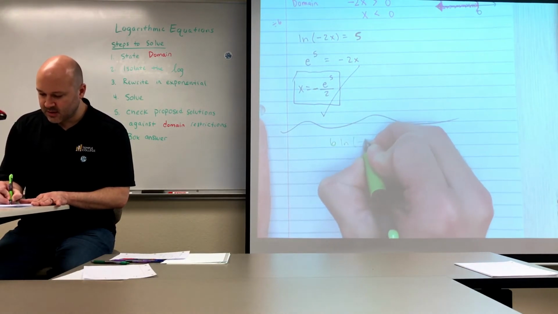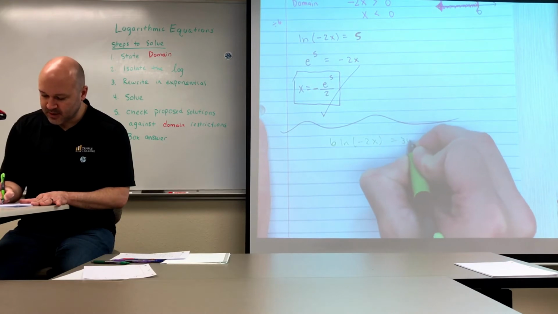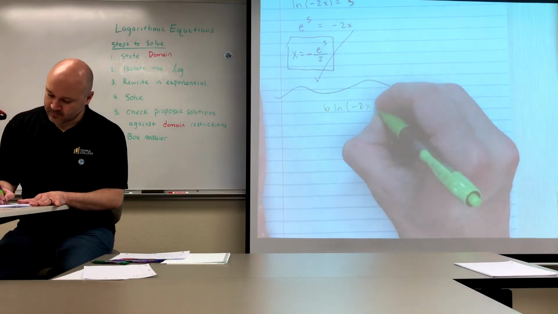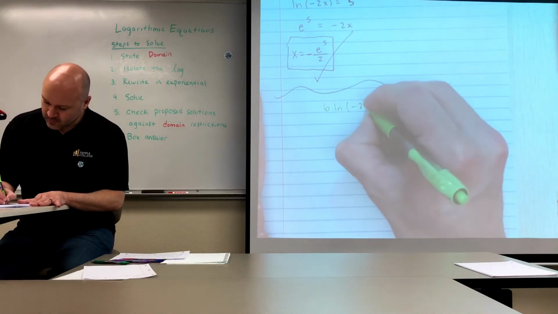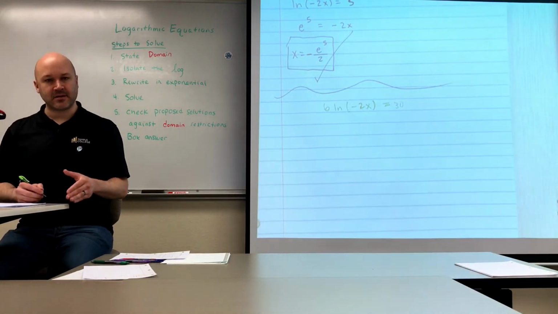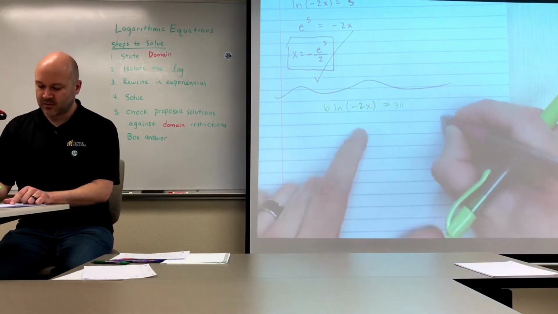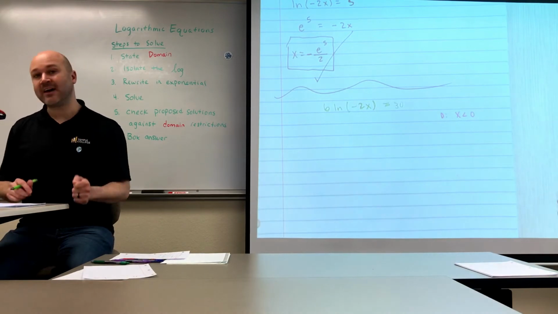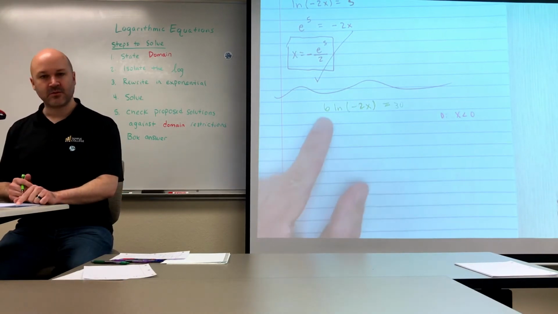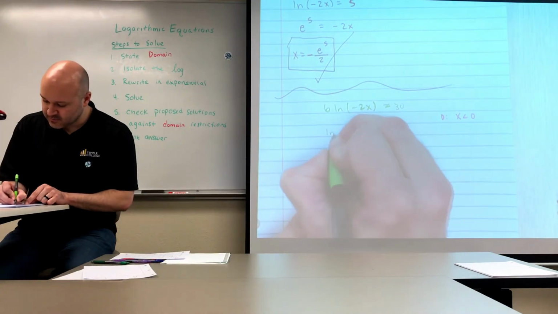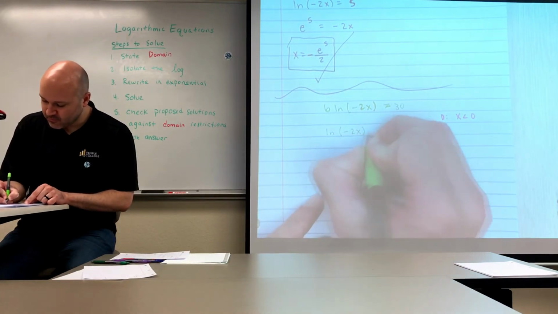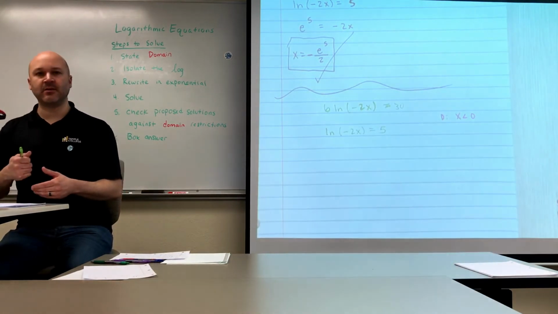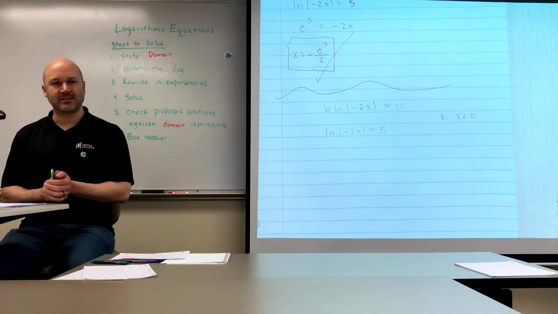6 ln of negative 2x equaling 30. It's the same idea. You still have to worry about the domain, x is less than 0. You still have to isolate the logarithm, so I'm going to divide both sides by 6. But here's a skill that we should maybe try to practice.